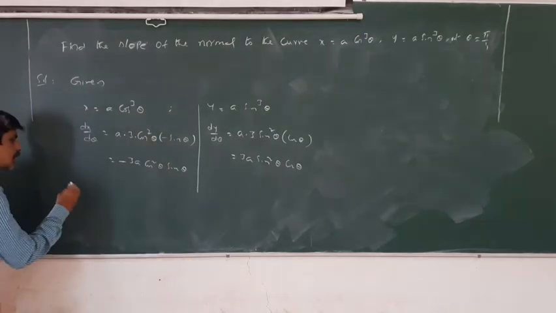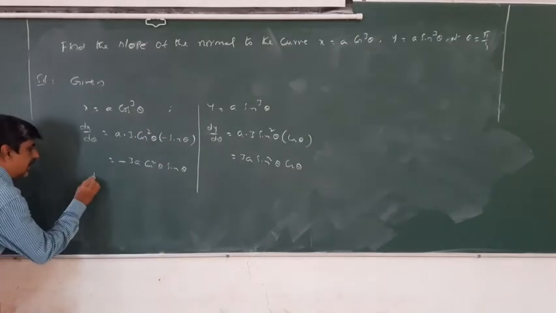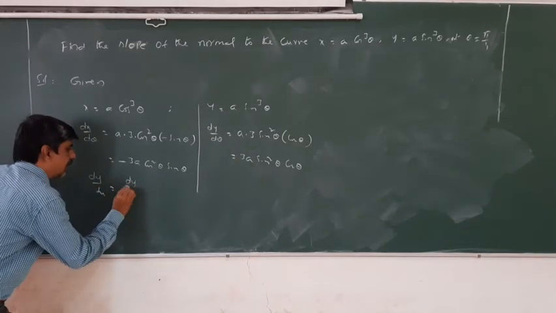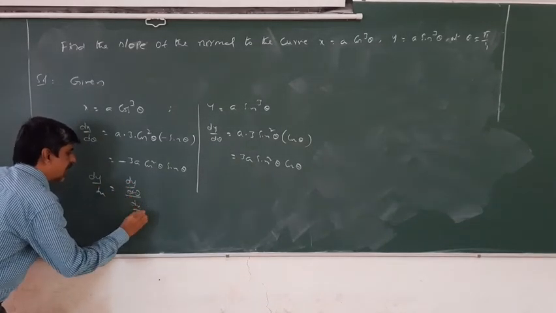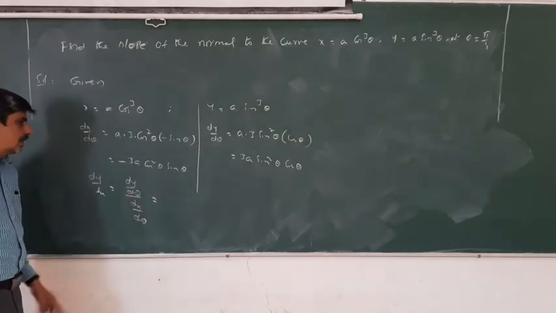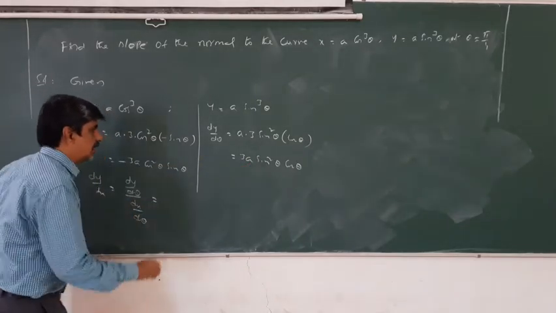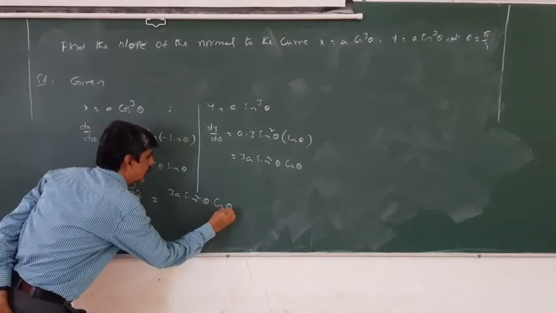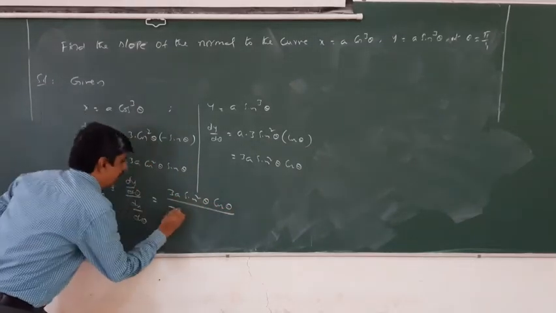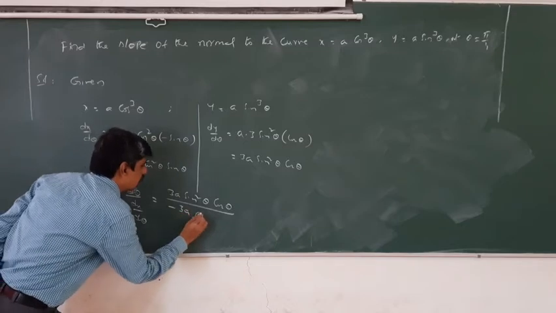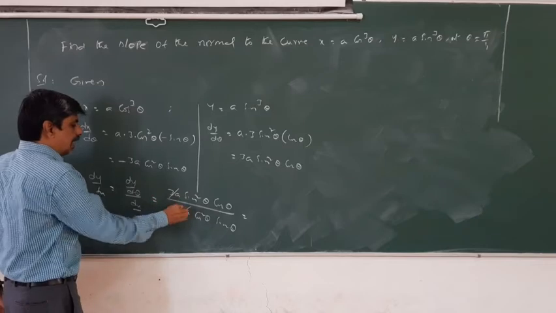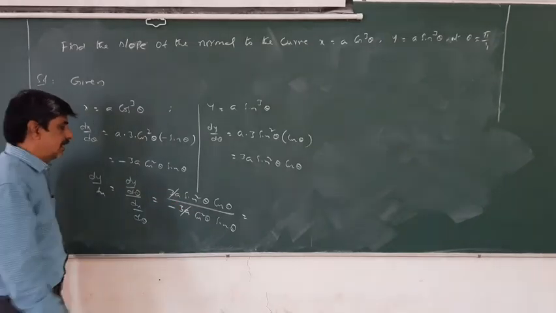Now the slope of the curve, dy by dx, equals dy by d theta divided by dx by d theta. That is 3a sin square theta into cos theta divided by minus 3a cos square theta into sin theta. The 3a cancels.